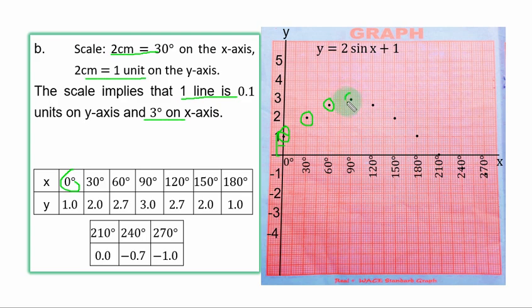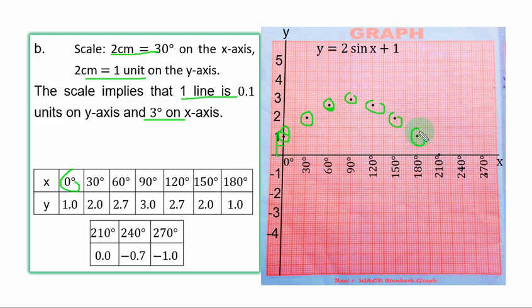Easy to locate. When s is 120 degrees, y is 2.7, the same point as this, so you just trace it and mark that point. When s is 150 degrees, y is 2.0. When s is 180 degrees, y is 1.